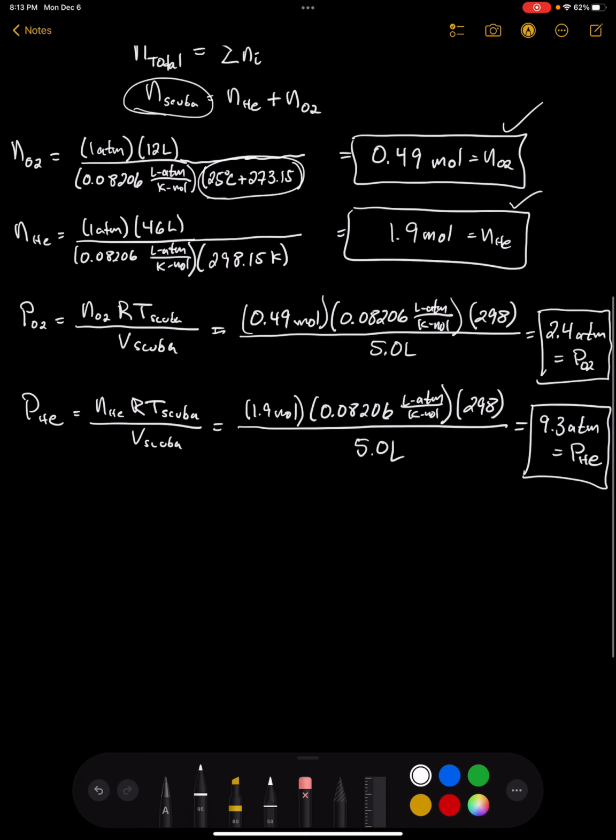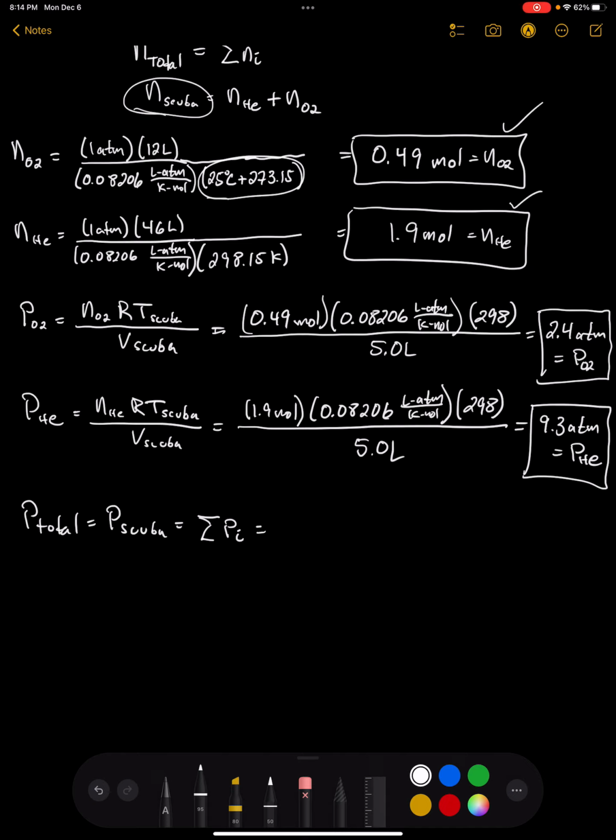Okay, now the final part of the question is the total pressure in the system, or the total pressure in the scuba tank. So this is P total, which is the same as P scuba. And again, based on Dalton's law of partial pressures, we can simply say that this is the sum of the individual species, their component pressures in the gas.